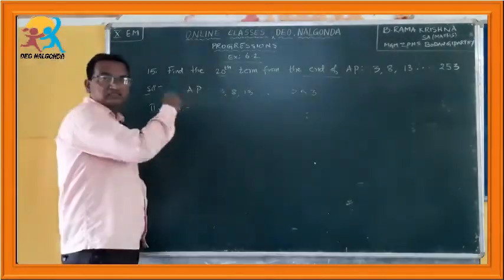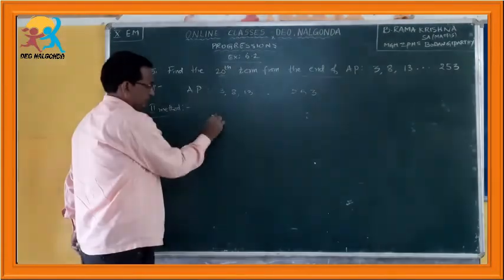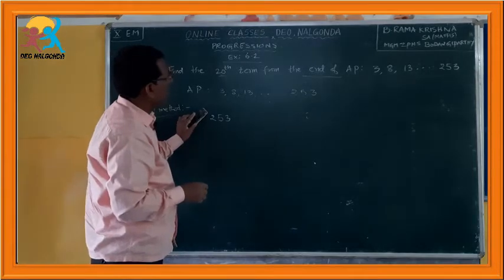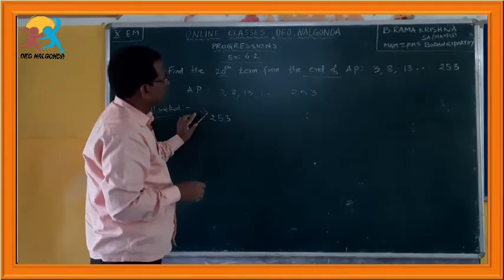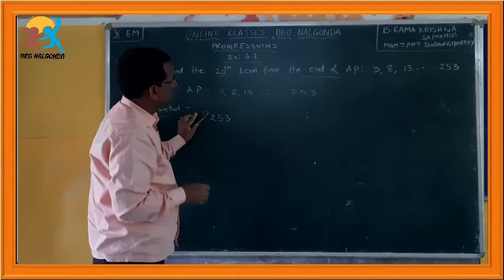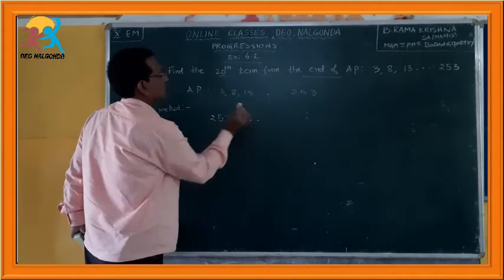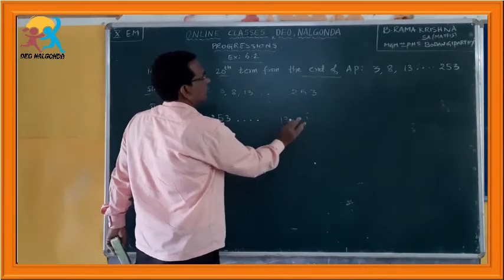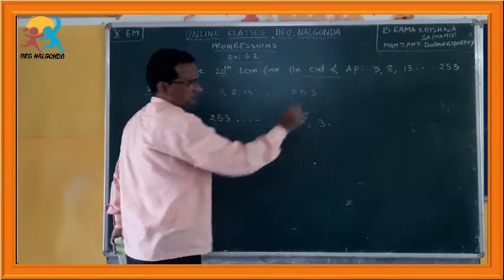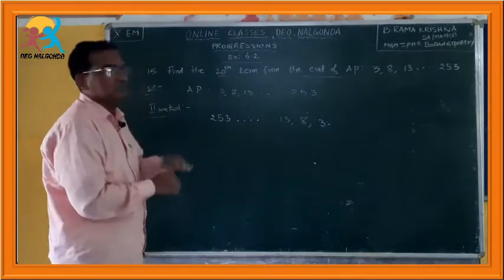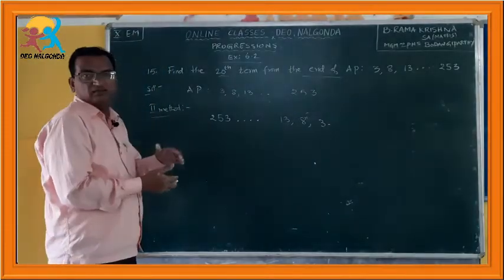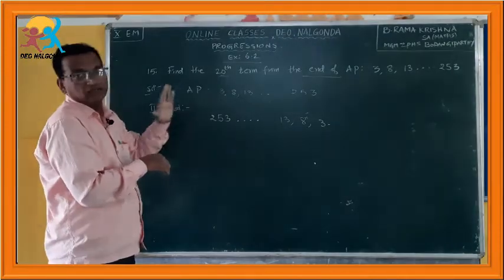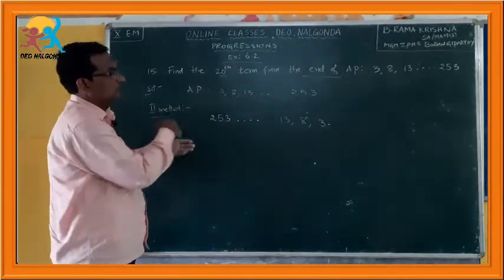You just reverse the AP, reverse it and write 253, 13, 8, 3. This is the progression reversed from the given one. I am writing the progression in reverse order.